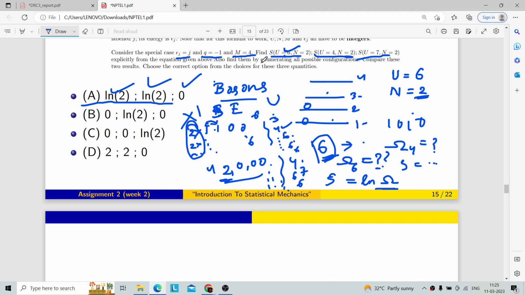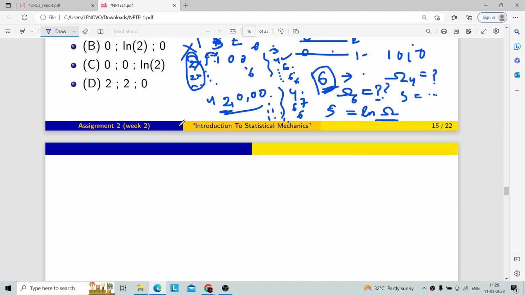And you can do this by enumerating also. Enumerating means by that another formula I have given you for entropy, that means minus summation over Pi ln of Pi. So let's assume the entropy for U equal to 6, N equal to 2. So how many states do we have for 6? 2.